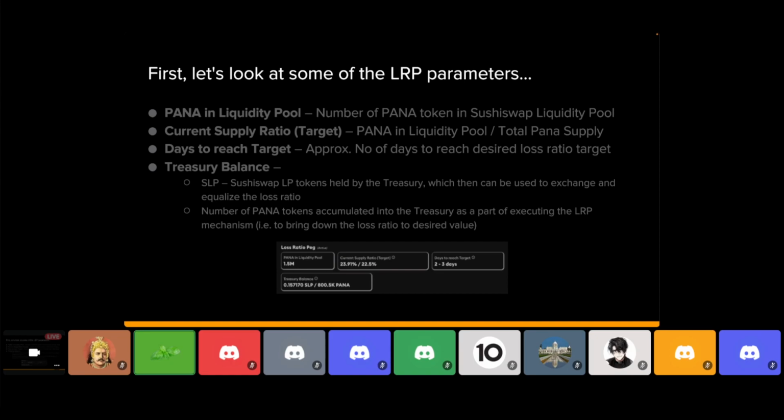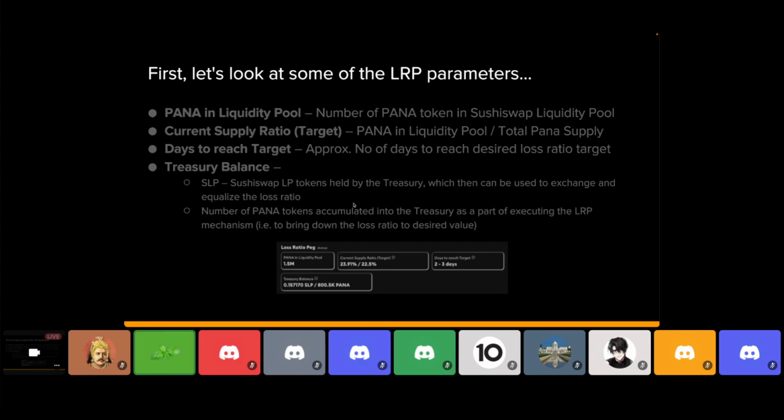For example, let's say Treasury has 800,000 PANA currently. It tells us that even if reaching the current supply ratio requires 800,000 PANA, Treasury is able to push that amount of PANA into the liquidity pool to maintain the loss ratio. So these are the four parameters.